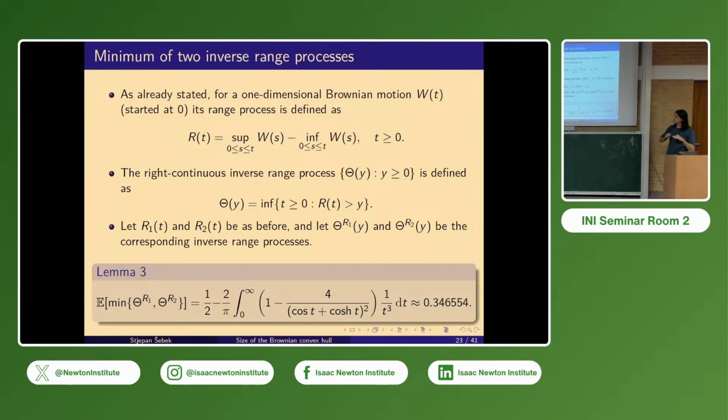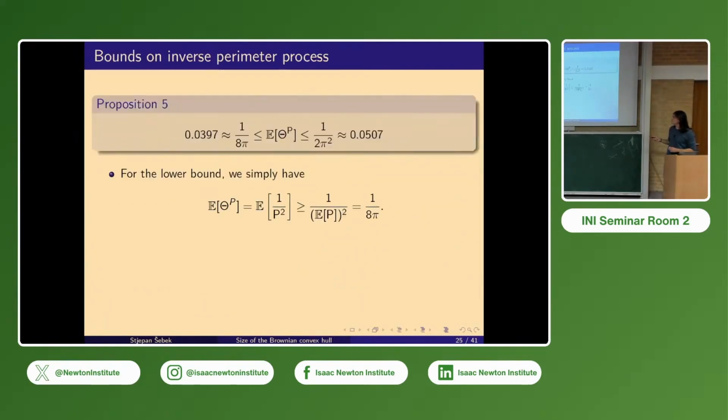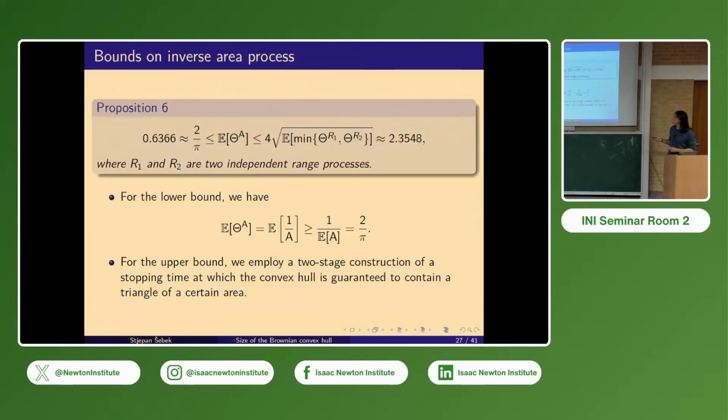You look at the range related to the first coordinate, W1, and the range related to the second one, and as soon as one of them hits value 1, you are certain that you have a segment of length at least 1 inside your hull. And you don't have to wait 0.5 for that. You wait less, so this happens on average sooner. The expected value is lower for that.